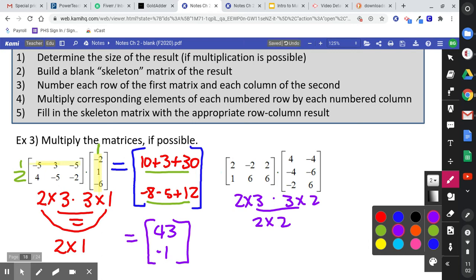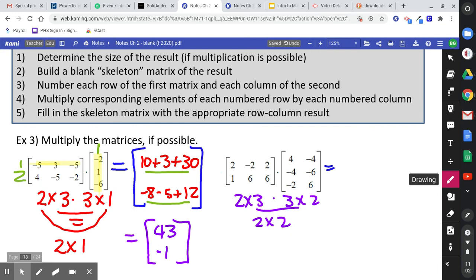So I'm going to build out the skeleton. A 2 by 2. Hopefully I have enough room there. You might not. Okay, there's my 2 by 2.